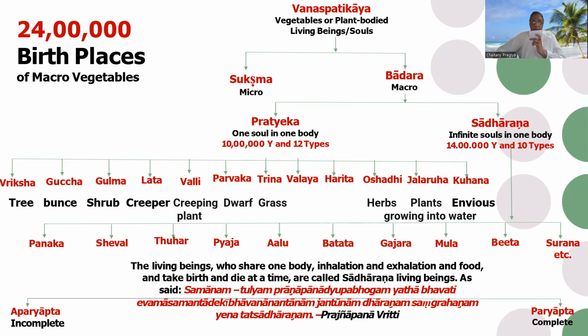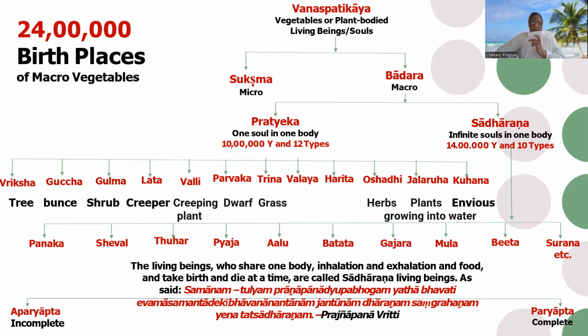But they may be of many other types. You can see here that all these types of birthplaces are counted as 12 types, and those 12 types are Vriksha, Gucha, Gulma, Lata, Valli, Parvak, Trin, Valai, Harit, Aushadhi, Jalruha, and Kuhan.